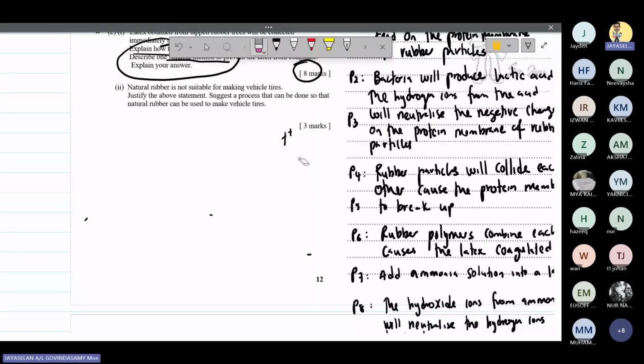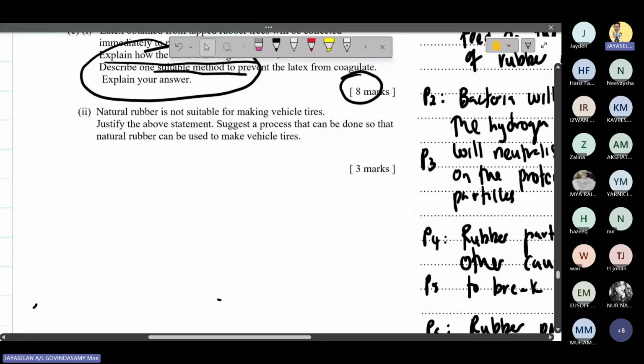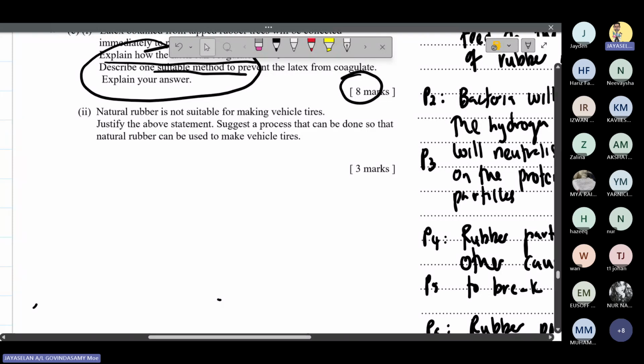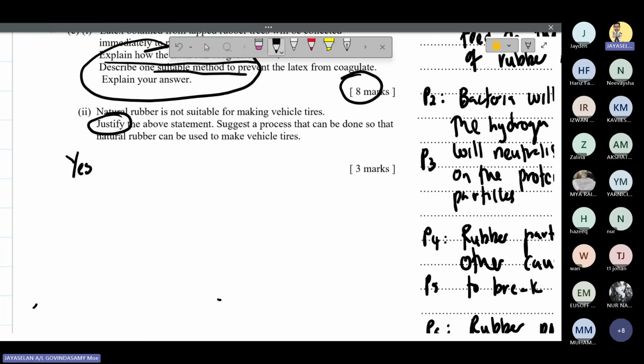Okay, now we try to answer the third question. They will ask you to justify: natural rubber is not suitable for making vehicle tires. When you justify and you agree, you put yes. Yes, I agree with the above statement, because rubber is very soft.